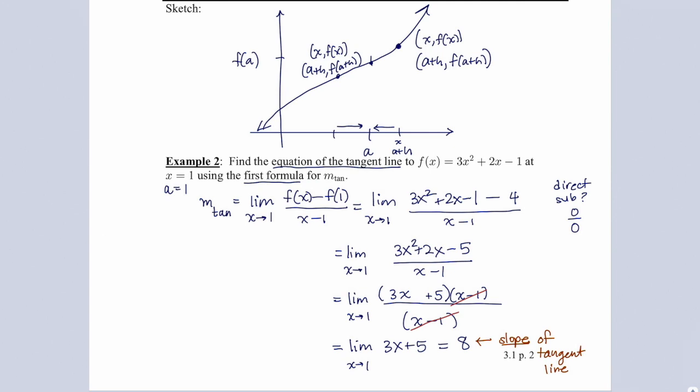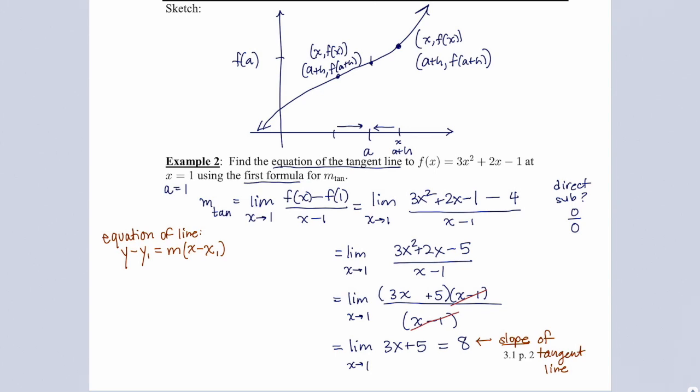We need to review the equation of a line. It's typically going to be useful for us to use point slope form rather than slope intercept form, because most of our problems are going to be such that we have the slope and we have a point on the line, but we don't necessarily have the y-intercept.